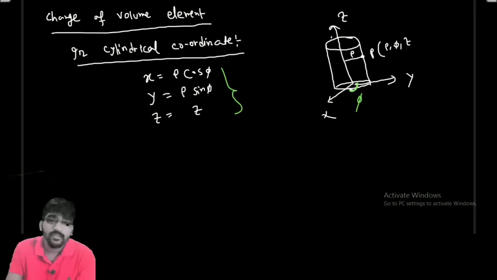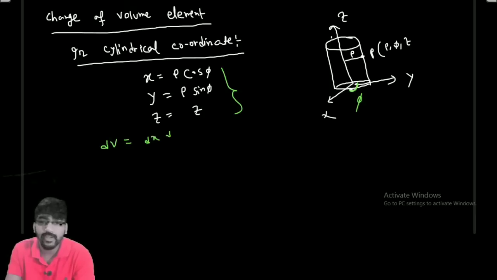Now what will happen? The volume element in the Cartesian coordinate system is nothing but dx dy dz. In cylindrical polar it will be mod J times d rho d phi dz.